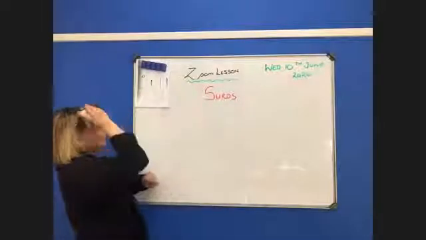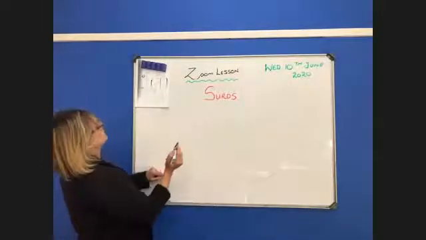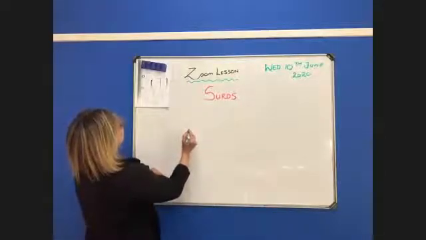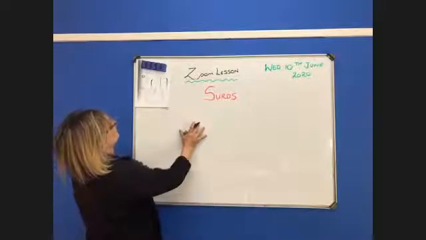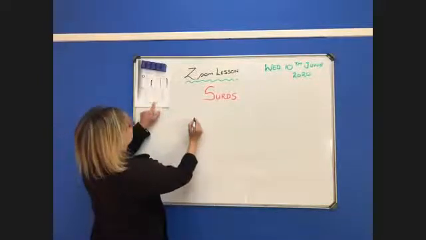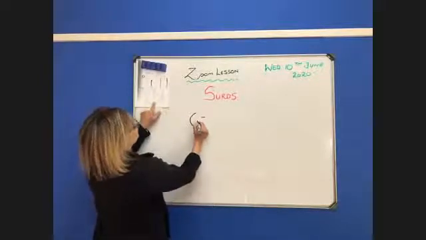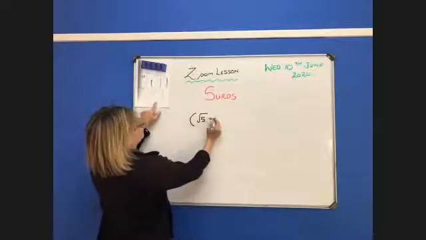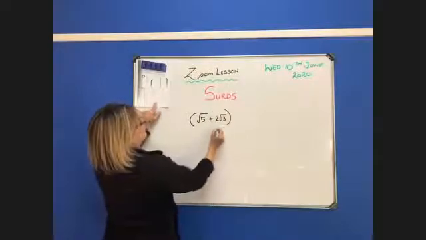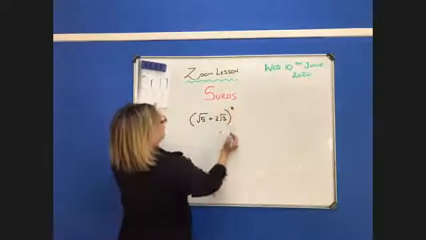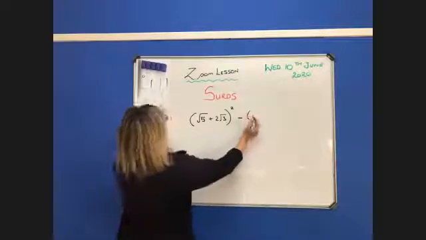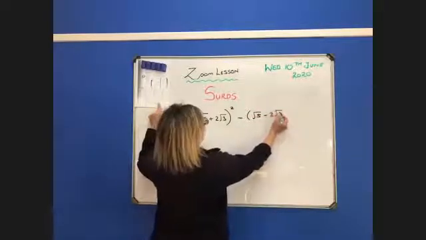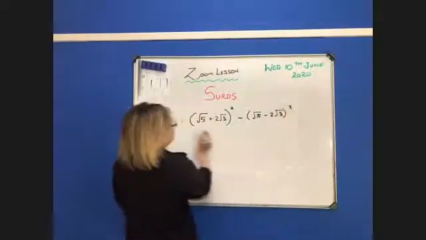Anyways, let's give you something a little bit nasty. You can do more at home, but let's give you: bracket the square root of 5 plus 2 root 3, squared, minus bracket root 5 minus 2 root 3, squared.